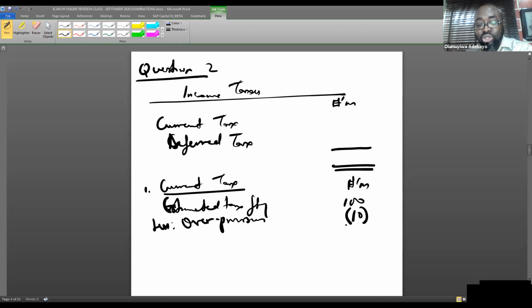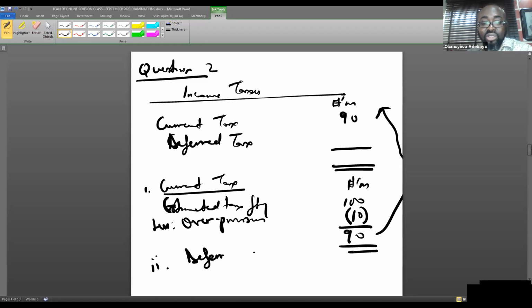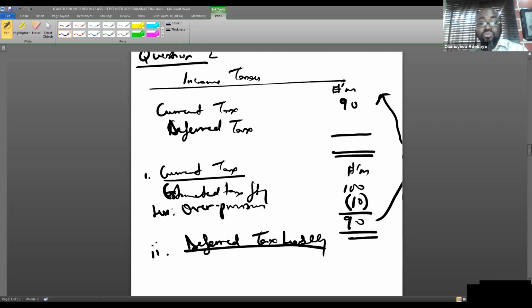This year, we'll use it to reduce our taxes to 90. Thereby, I'll bring this 90 upward as my current tax. Now, deferred tax has been computed, even though we have not yet gotten to that level. But the deferred tax liability has been computed for us as thus.